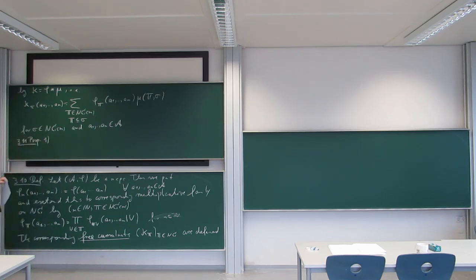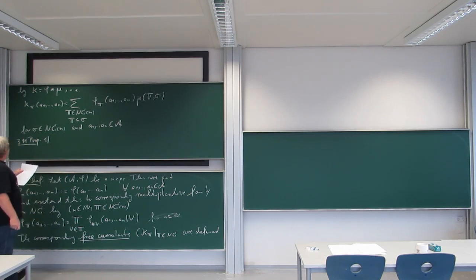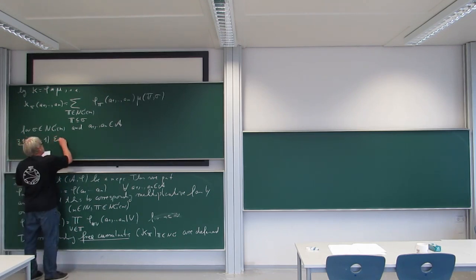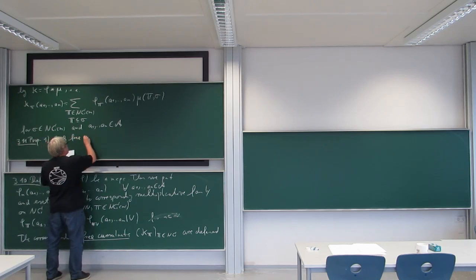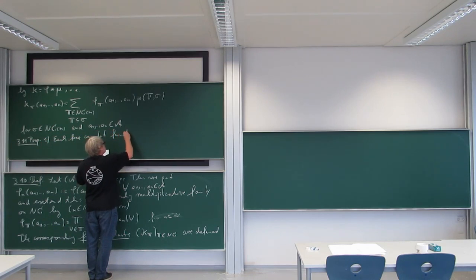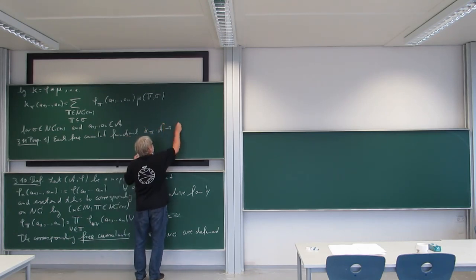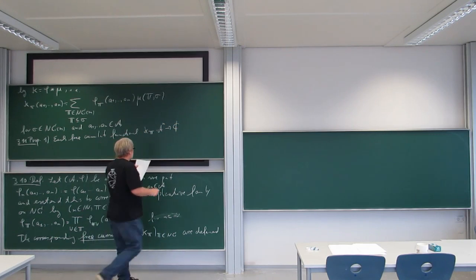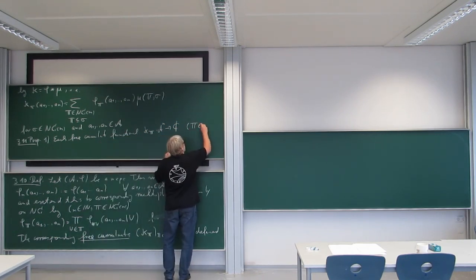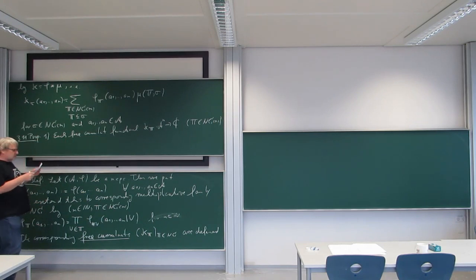So the first is just the linear structure. This is clear. So namely, each of those kappas is multilinear. So each free cumulant functional kappa, let's say pi, goes from A^n to C. So it has n arguments. If pi is n, then this is a multilinear or n-linear object, so it's linear in each of its n arguments.